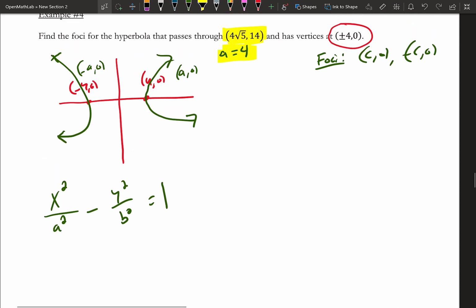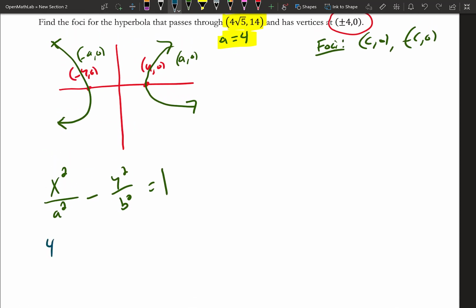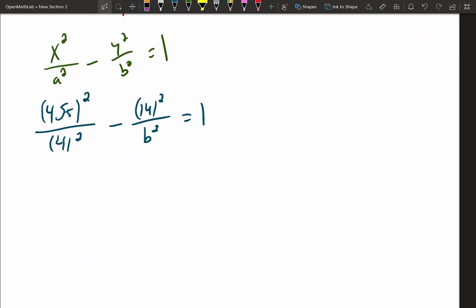So what we would have is 4 radical 5 quantity squared over 4 squared minus 14 squared over b squared, which equals 1. So we're after trying to find b, so then we can find c. So we want to solve for b.